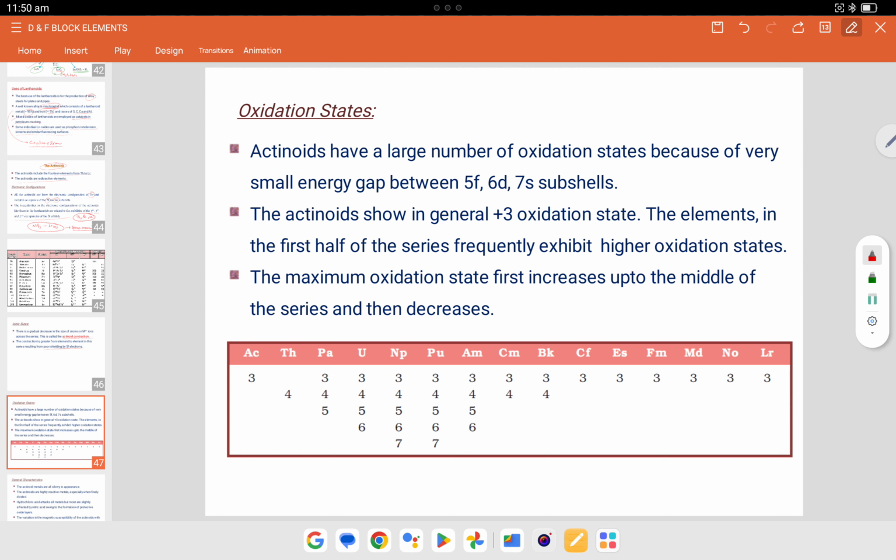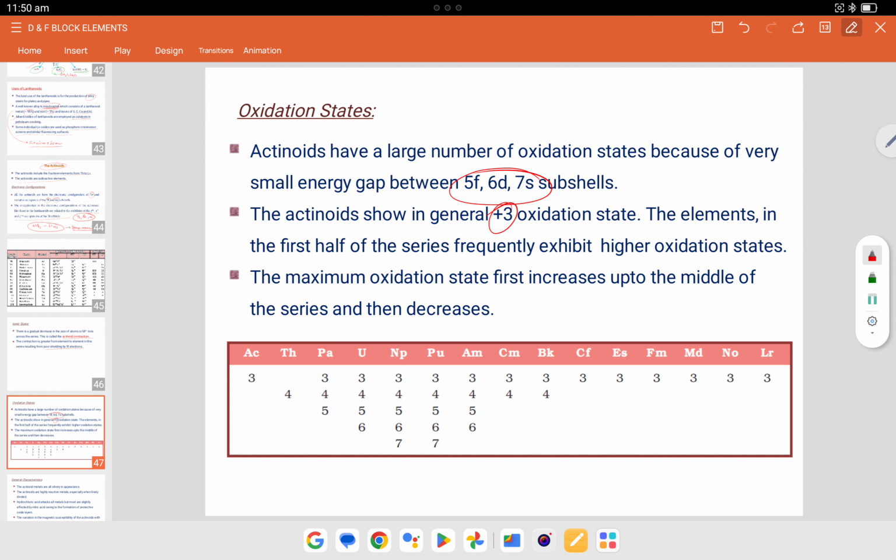Oxidation state: actinoids have a large number of oxidation states because of the very small energy gap between the 5f, 6d and 7s subshells. The actinoids show +3 as the general oxidation state. The elements in the first half of the series frequently exhibit higher oxidation states.